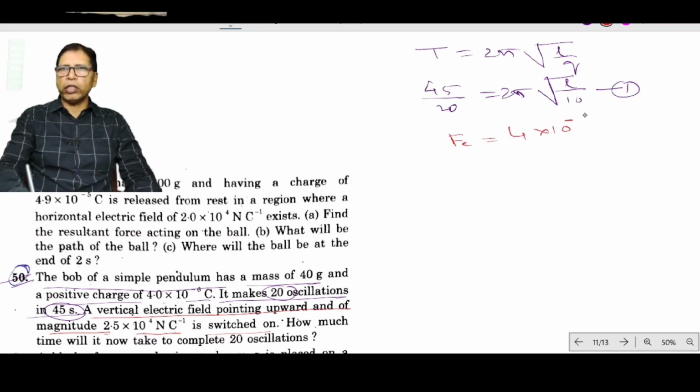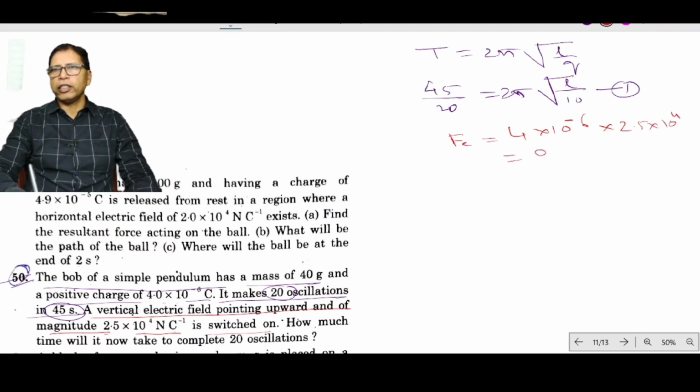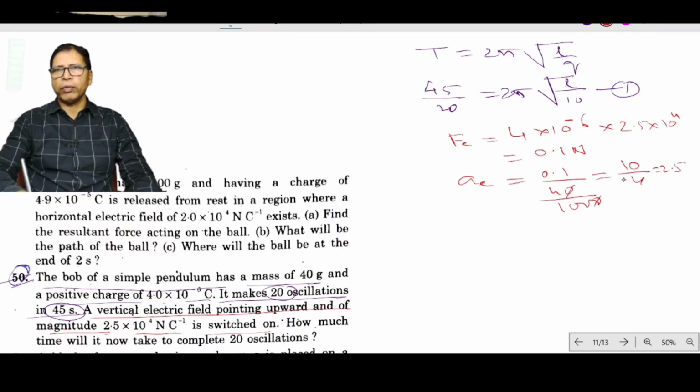Charge is 4 into 10 to the power minus 6 coulomb and the electric field is 2.5 into 10 to the power 4. This is 0.1 Newton. Now, vertical acceleration is 0.1 divided by 40 by 1000. This and this cancel out. So this is 10 by 4, which is 2.5.